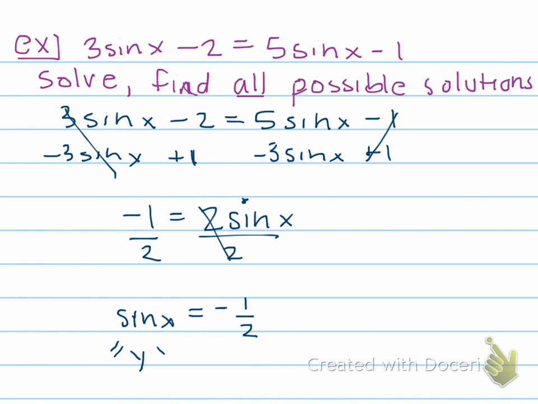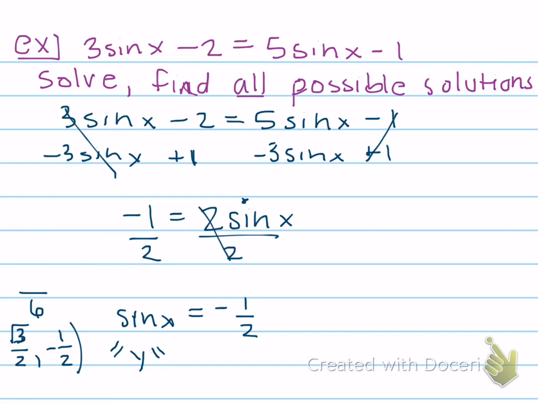And if I think about my coordinates, I need to envision this negative 1/2 being in the y spot of the coordinate, which means this x part has to be root 3 over 2. So I know I'm definitely dealing with some kind of coordinate that has a 6 for the denominator.